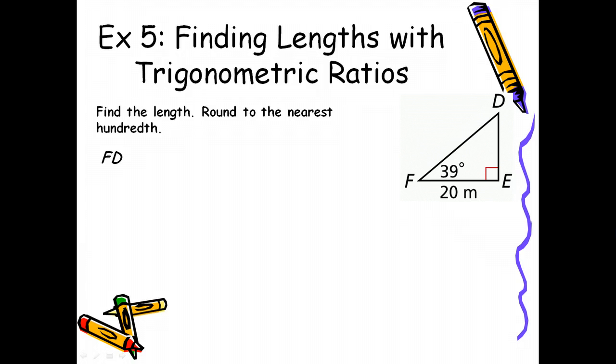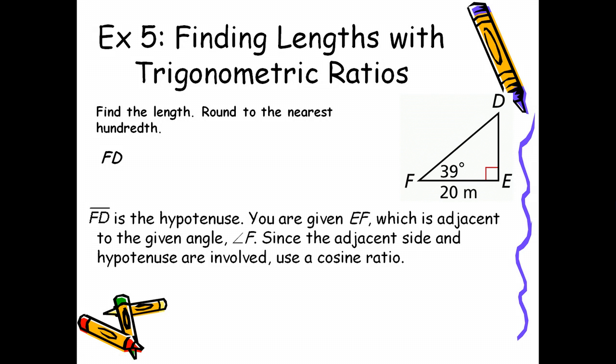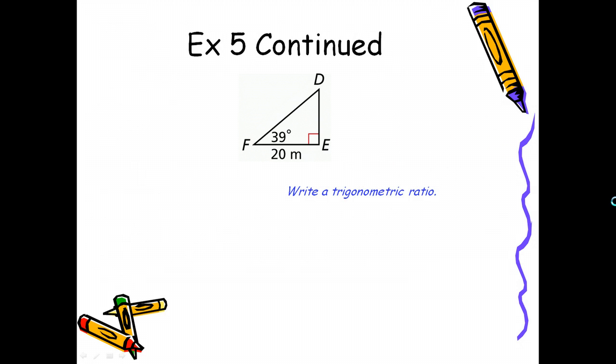Let's find other lengths with trig ratios. Find the length and round it to the nearest hundredth. This time we're looking for FD, which is the hypotenuse. We're given the angle F and the adjacent side to F, so we could use the cosine. Cosine of F is the adjacent leg over the hypotenuse, which is EF over FD.